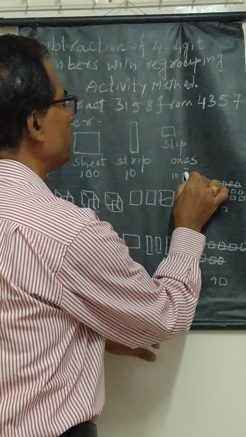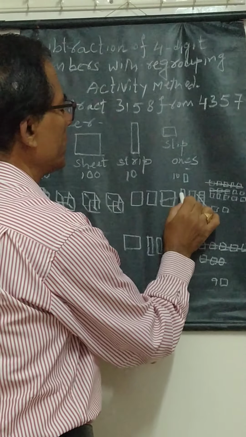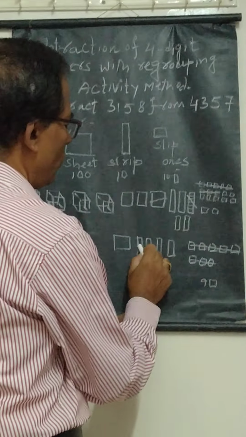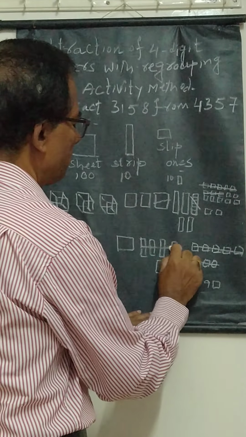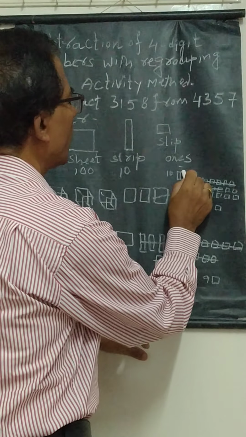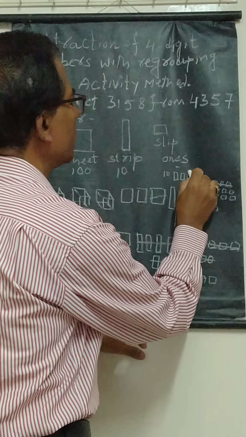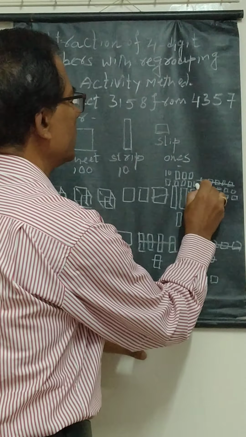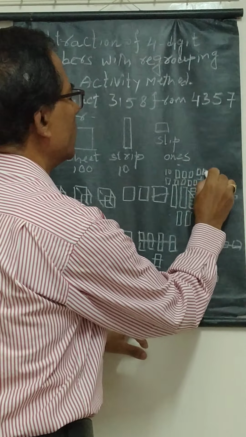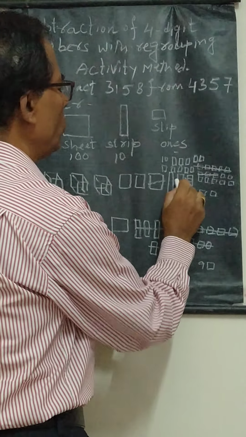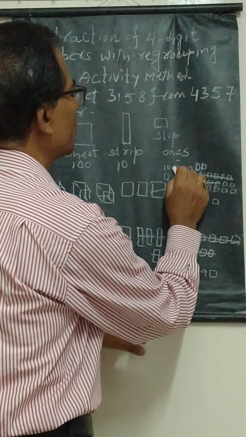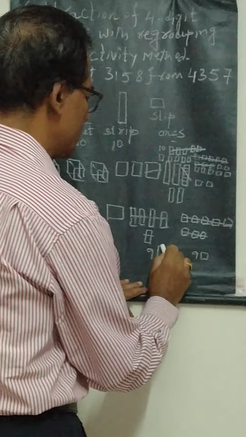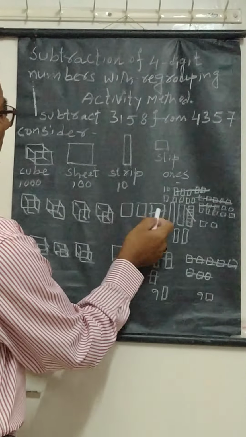So 10 strips plus 4 is 14. From 14 you cut 5. How much is left? 9 strips.